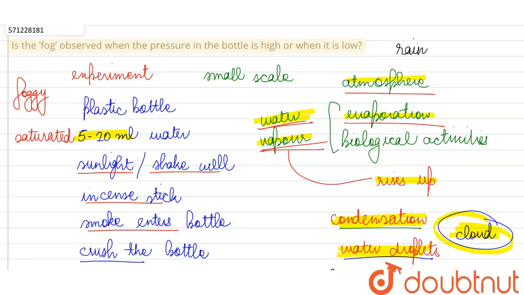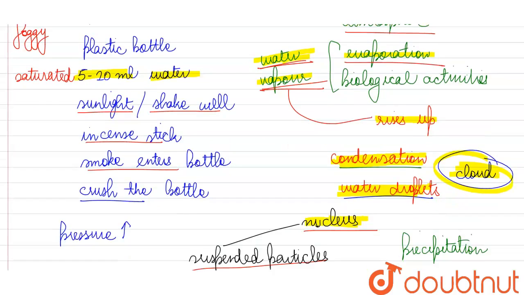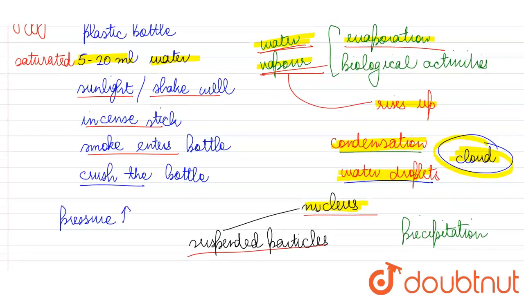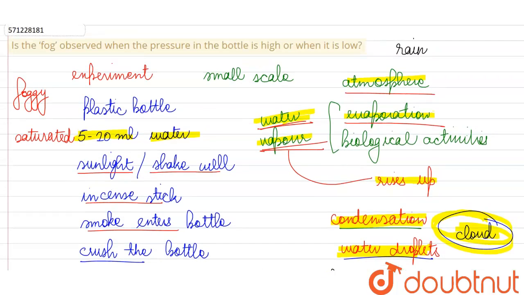So when we put water and the smoke particles in the same bottle, when we crush it, because of the high pressure, they form water droplets, and a cloud formation type process is seen. But when we release the pressure, when it becomes low, when we are not crushing the bottle, then the inside of the bottle becomes foggy.